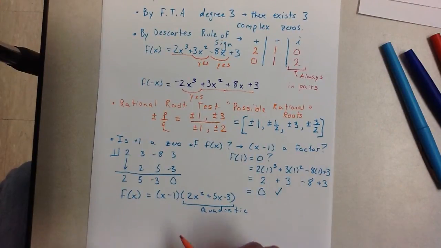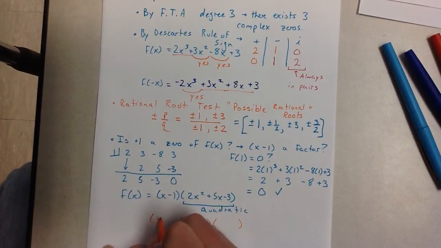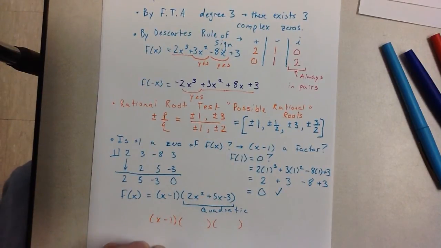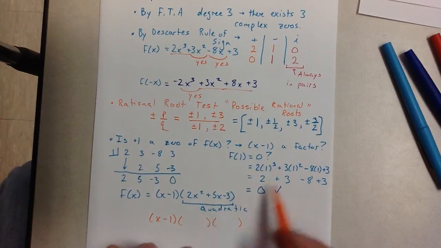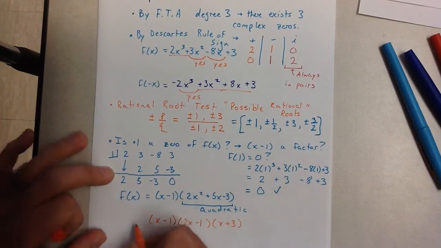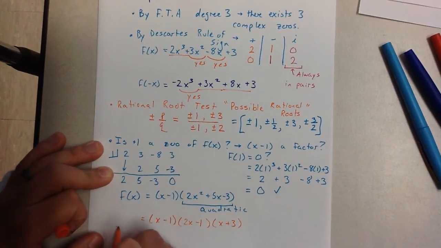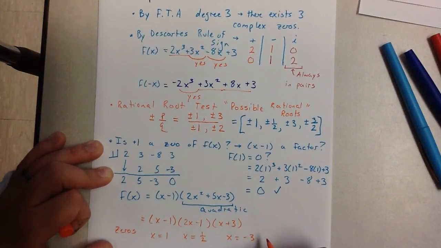Since we want factors, it's better for us to factor it and not use the formula in this case. When we factor this, you can check my work, we should get 2x minus 1 and x plus 3. So our zeros are x equals positive 1, x equals positive 1/2, x equals negative 3.